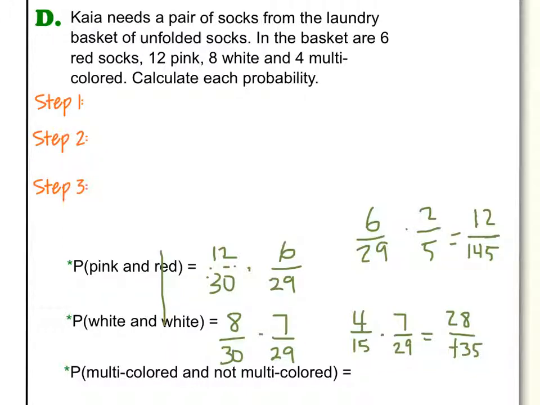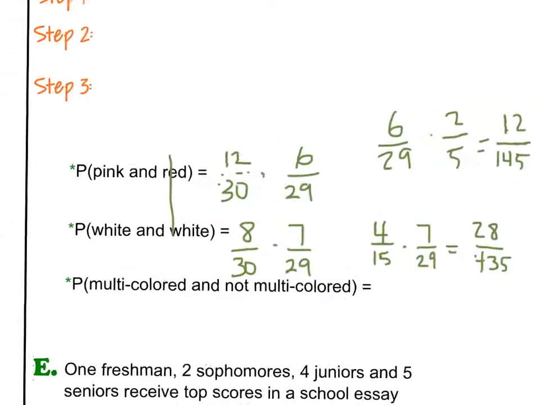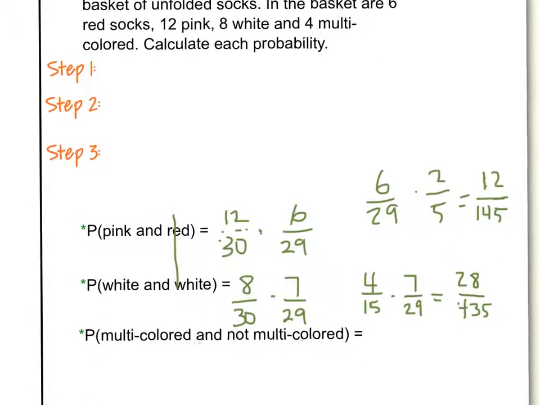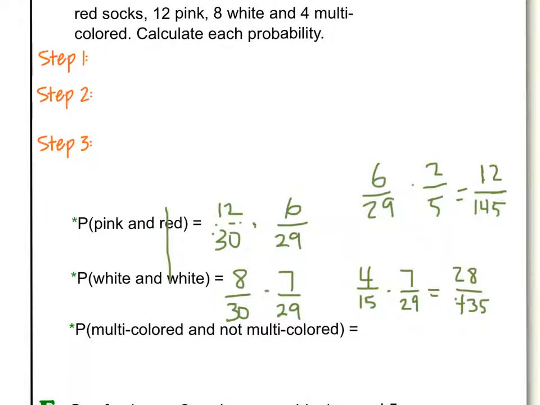And then now we'll go down to multicolored and not multicolored. So thinking about it, there are 4 multicolored socks, so we have 4 out of 30.